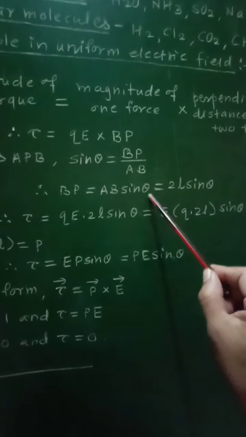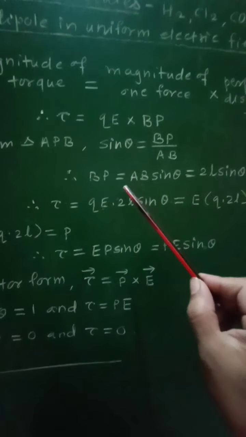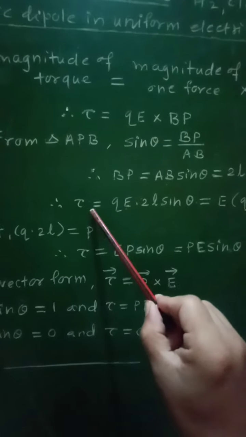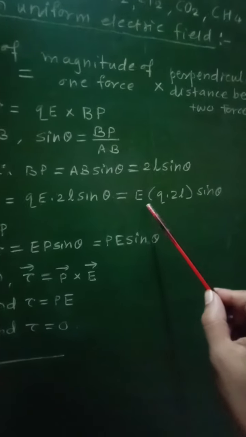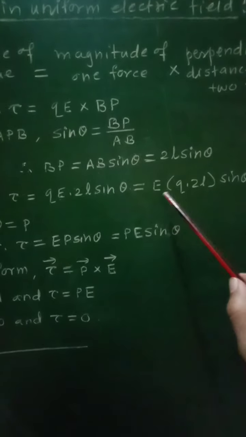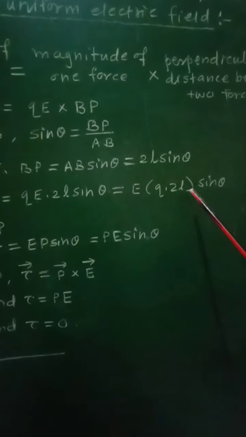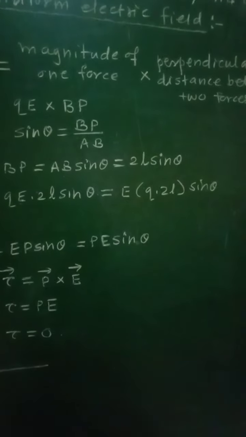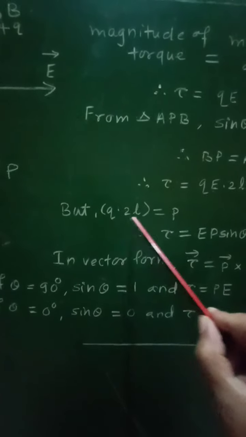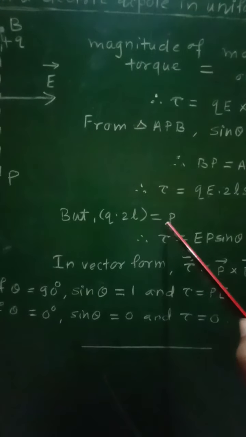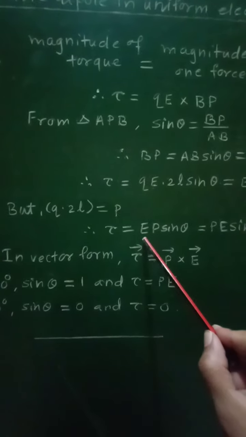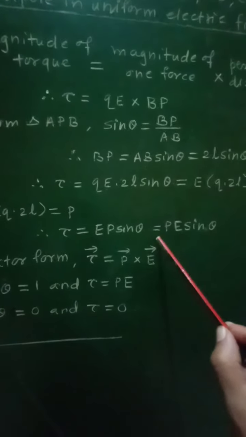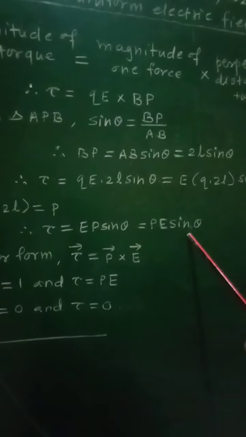Now putting this value of BP in the above equation, we will get torque equal to QE into 2L sine theta. Rearranging the terms, it will be written as E into Q into 2L sine theta. But we know that Q into 2L is equal to the electric dipole moment P, and therefore torque will be equal to EP sine theta, that is equal to PE sine theta.